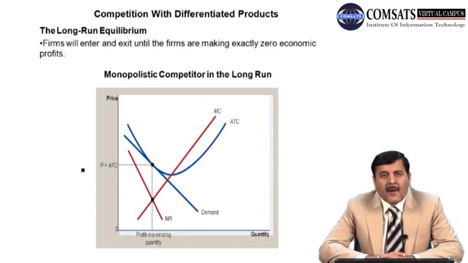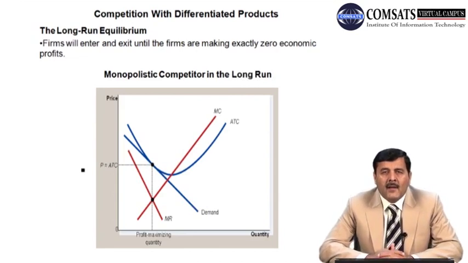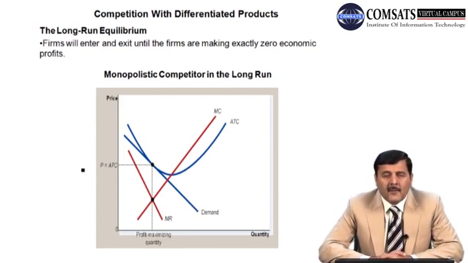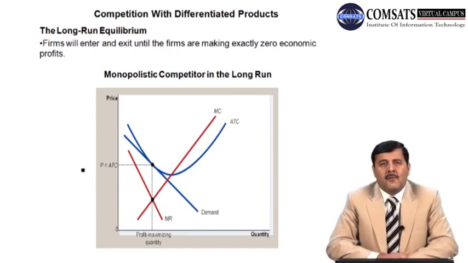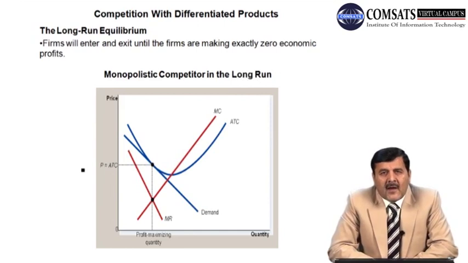So long run की अब हम बात करेंगे. As we said that in the long run, when the firms are earning profit in the short run and bearing loss in the short run, so long run में new firms will enter the industry and exit the industry in case of loss until the firms are making exactly zero economic profit, and इसको हम नॉर्मल प्रॉफिट का भी नाम देते हैं. और इस सूरत हाल में फर्म्स का टोटल रेवेन्यू टोटल कॉस्ट के बराबर होता है. जब टोटल रेवेन्यू टोटल कॉस्ट के बराबर होता है तो हम कहते हैं कि फर्म्स का जो इकोनॉमिक प्रॉफिट है वो ज़ीरो है.